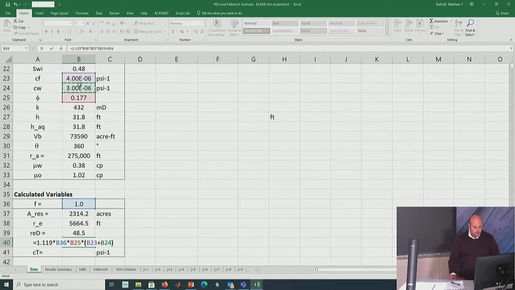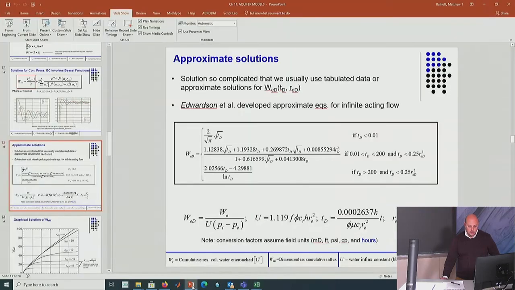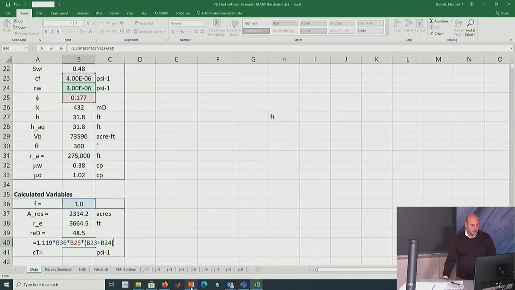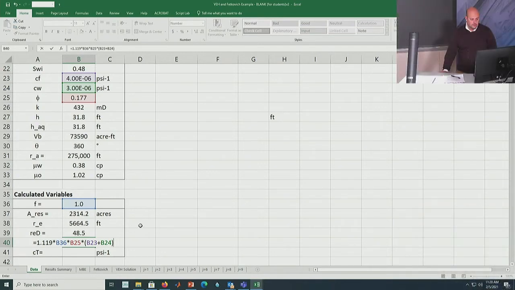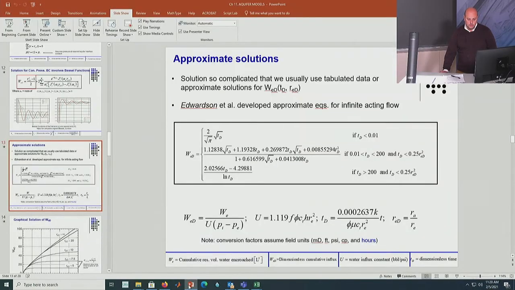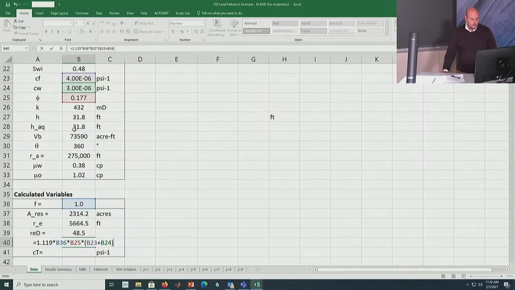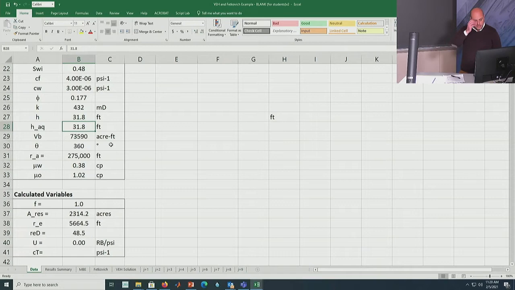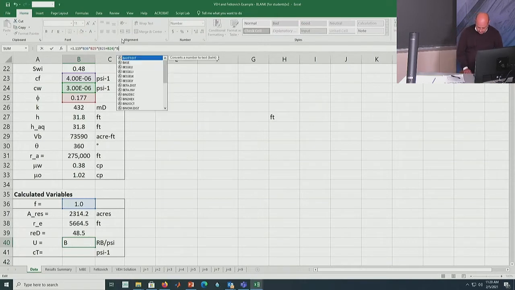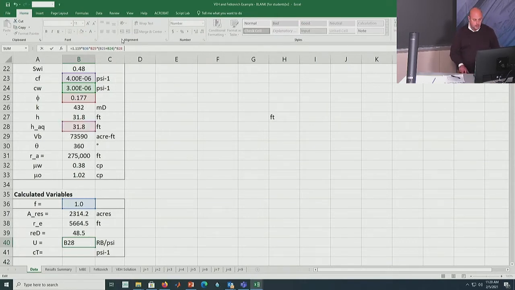So I'll close that. Times, what else was on there? That was the thickness times the radius squared. So thickness, and we need to be careful here. What is this going to be? I think that is going to be the thickness of the aquifer. So I'm going to do B28, times B28, and then I'm going to multiply by the reservoir radius squared.